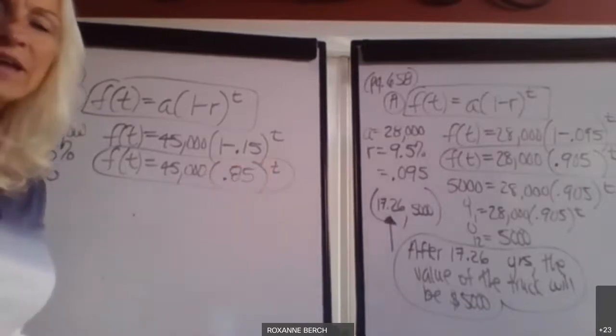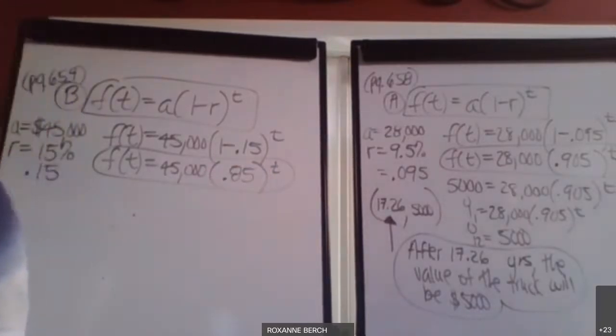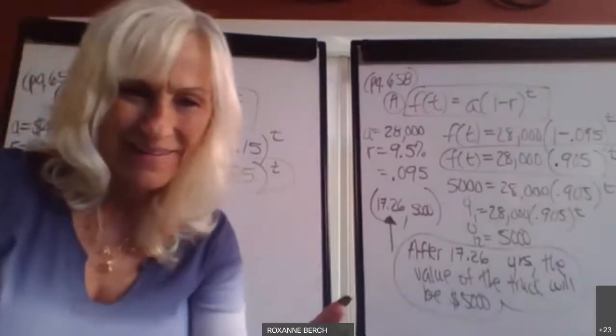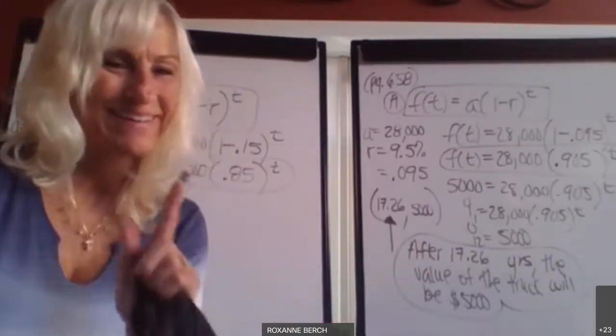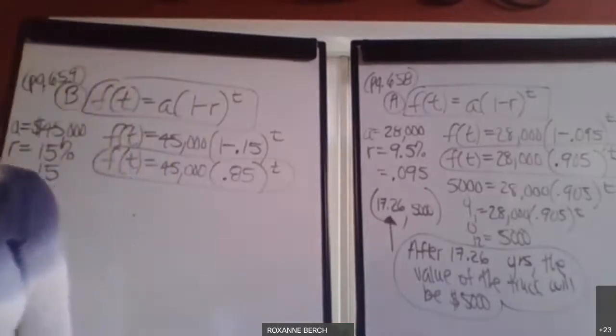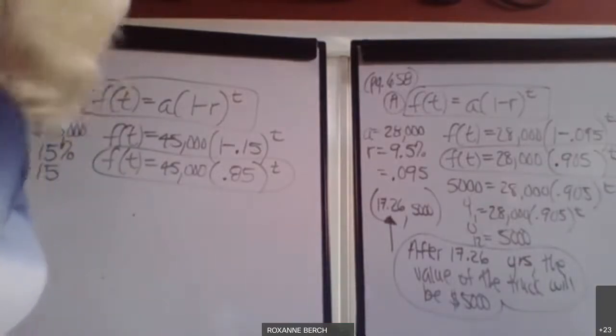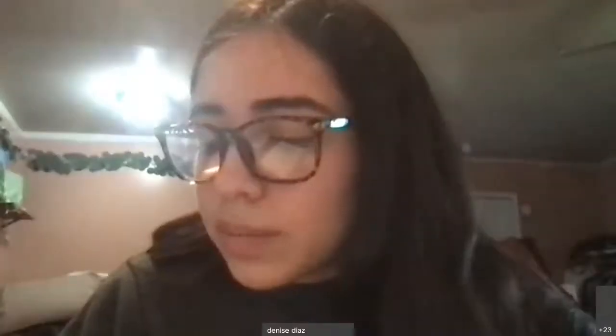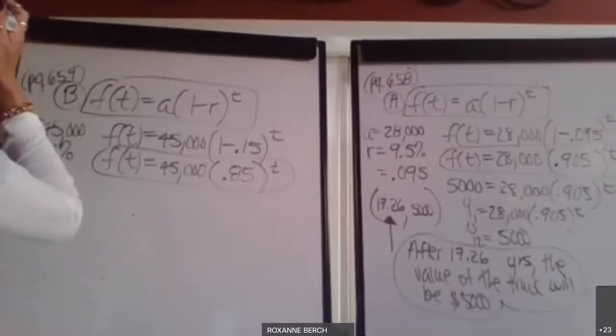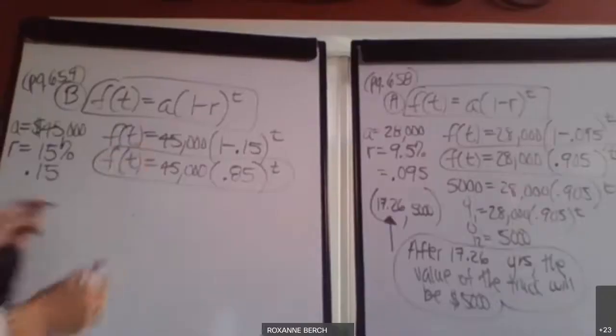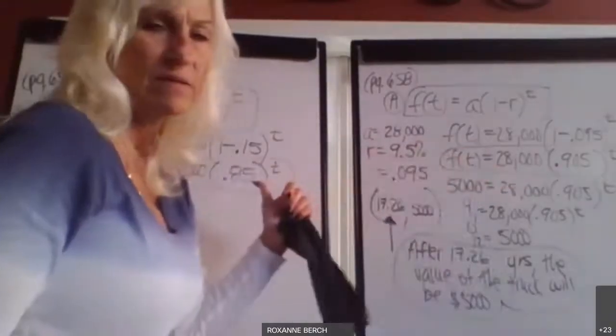Now, somebody tell me, how do we solve this problem? They're saying, after how many years will the two vehicles have the same, that means equal, same value if they are purchased at the same time. Good. We'd put the value from the first one. If we're going by the 5,000, we'd put it equal to the formula we just got. So are you saying put that equal to that?